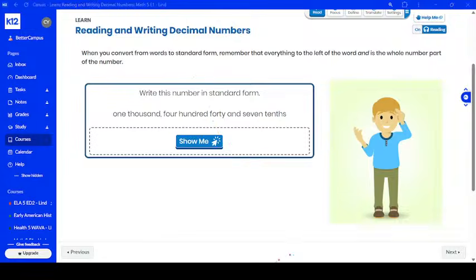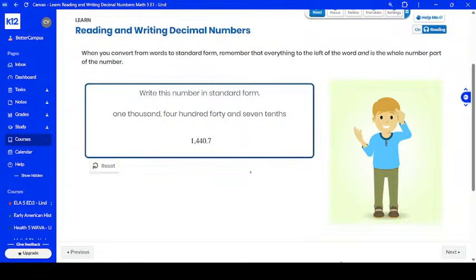Tell me in the comments. 10, 9, 8, 7, 6, 5, 4, 3, 2, and 1. The answer is this.